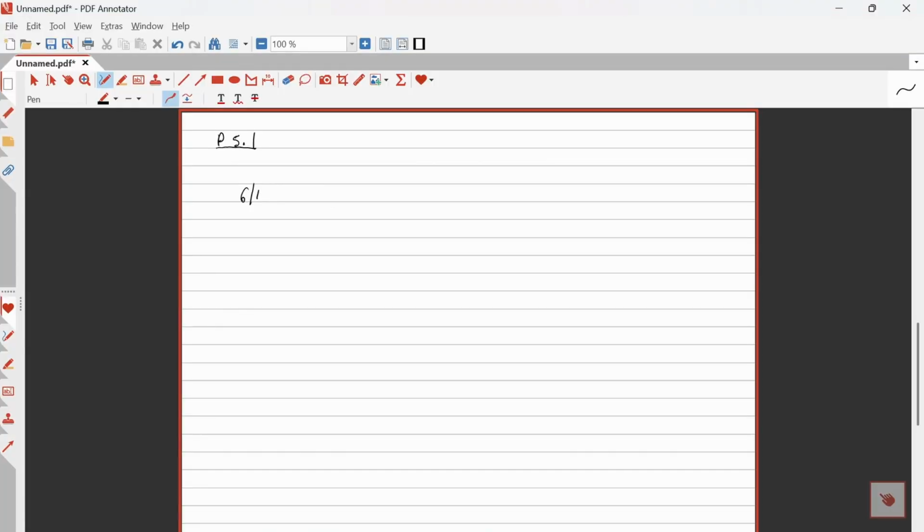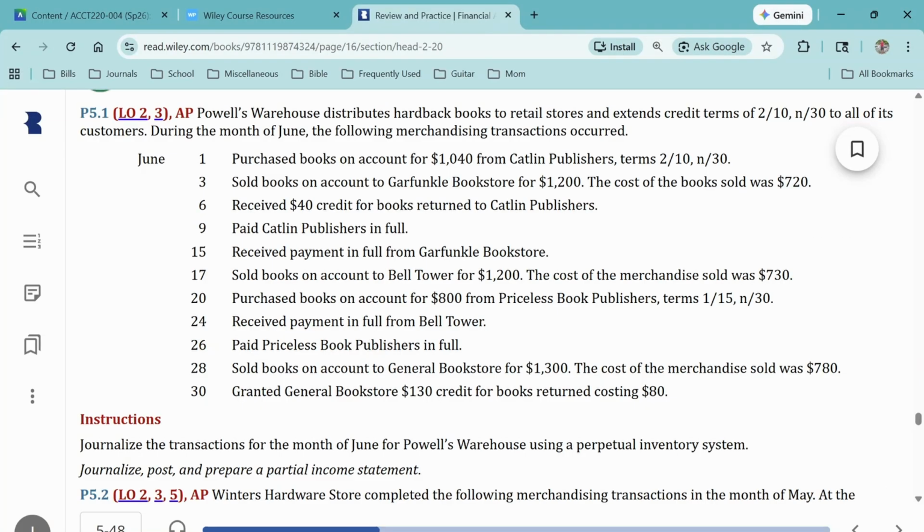So our inventory goes up. How do we make inventory, which is an asset, go up? Debit or credit? Debit, yes. Thank you. Inventory goes up. What else goes up? We didn't pay for the stuff, so what else goes up?